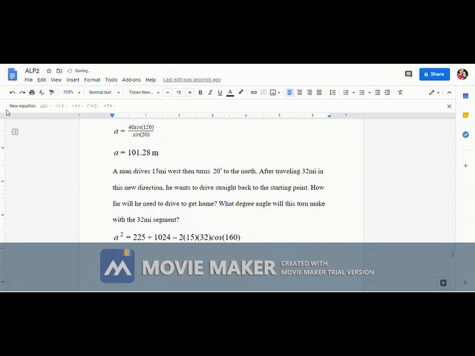Then we can take the square root of both sides. So A equals the square root of 1249 minus 960 times cosine 160.